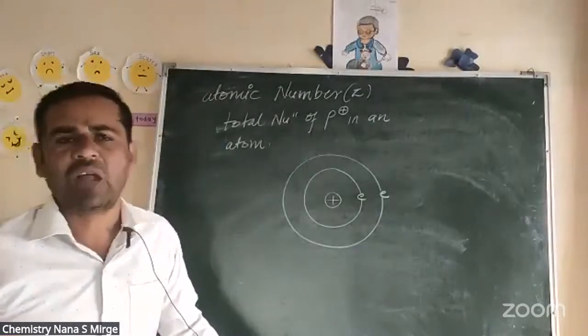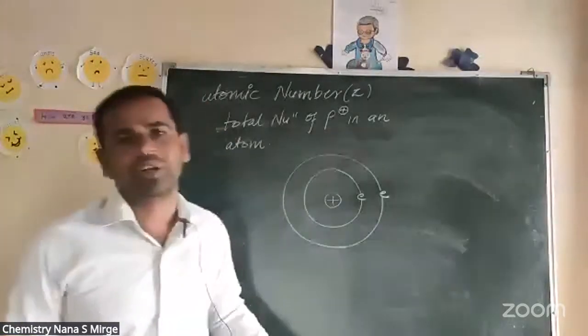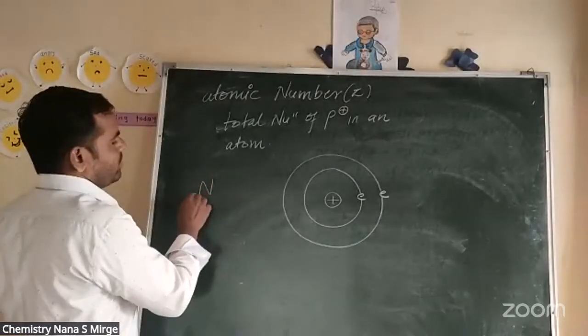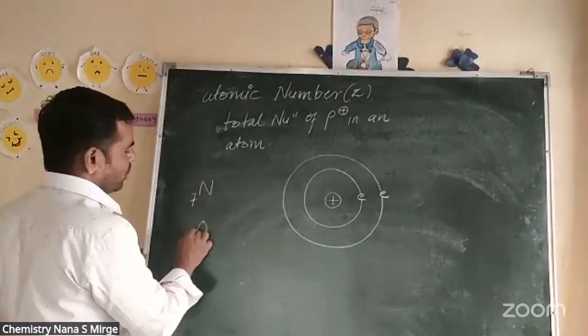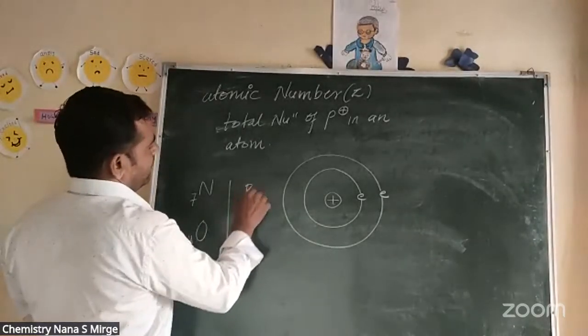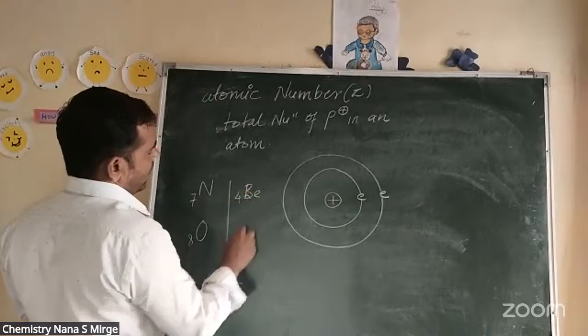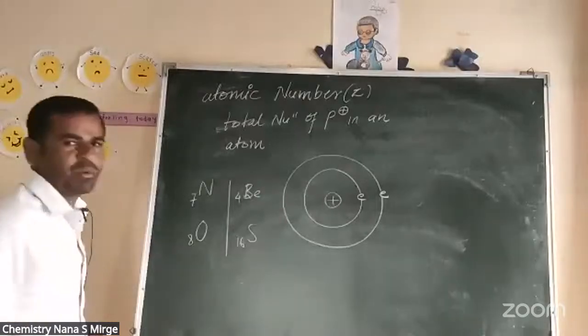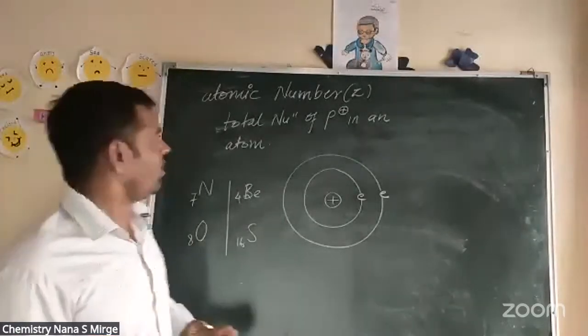Carbon has 6 protons, so its atomic number is 6. Nitrogen has 7 protons, so atomic number is 7. Oxygen has 8 protons, atomic number is 8. Likewise beryllium has atomic number 4, with 4 protons. Sulfur has atomic number 16, with 16 protons in the atom. So that is called atomic number.